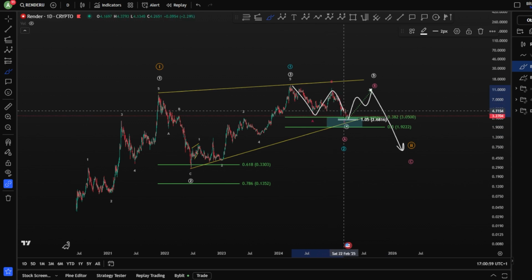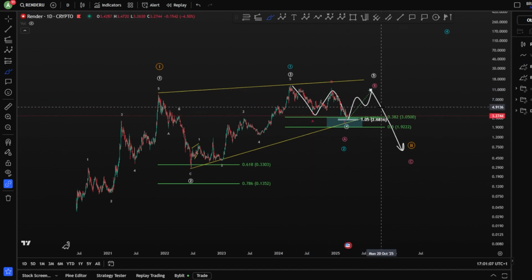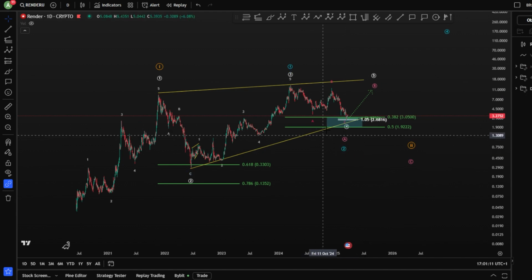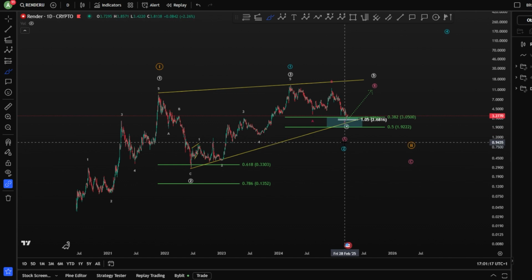Don't forget that this is only 3 waves, meaning regular flat. Your wave B should be at least higher than the midpoint of this regular flat, meaning we're looking for higher prices in all case scenarios. Very nice opportunity for Render. No financial advice, but remember, this is the box of opportunity.